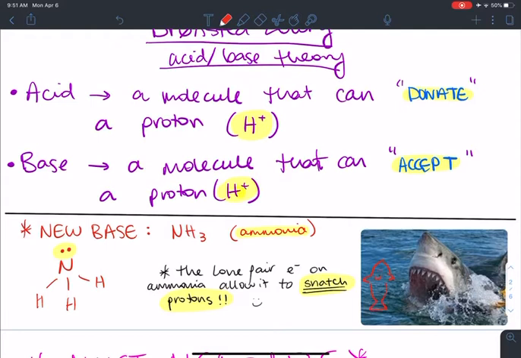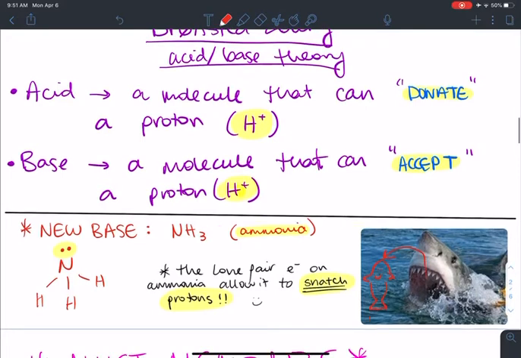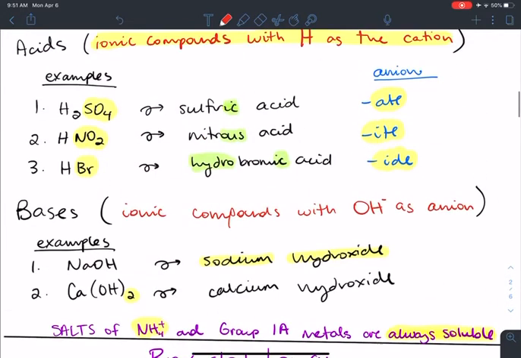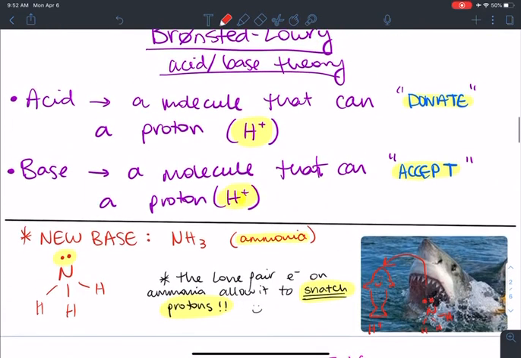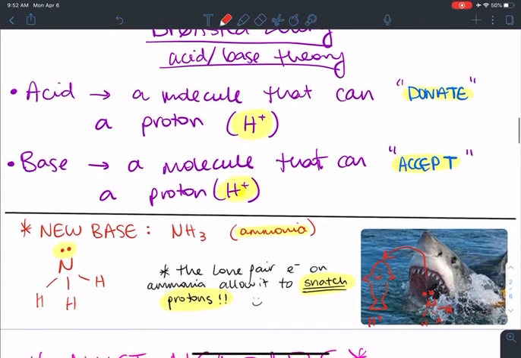So the shark's going to snatch the fish. Here, the fish is a proton, and the shark in this example is the lone pair on the nitrogen, okay? So now we're considering ionic compounds with hydroxide as the anion a base, and we're also considering ammonia a base, because of the lone pair.